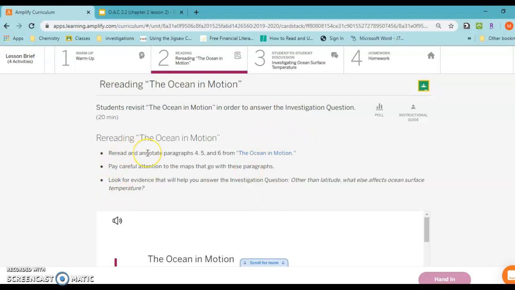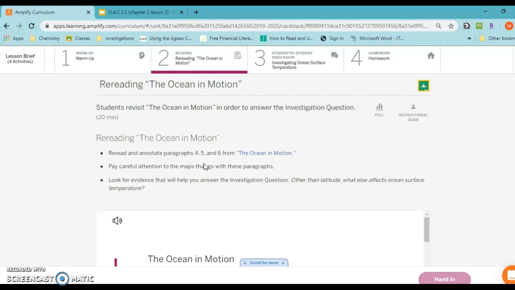We're going to reread just 3 paragraphs this time: paragraph 4, 5, and 6, and we have to make sure we're looking at the maps that go with these paragraphs.